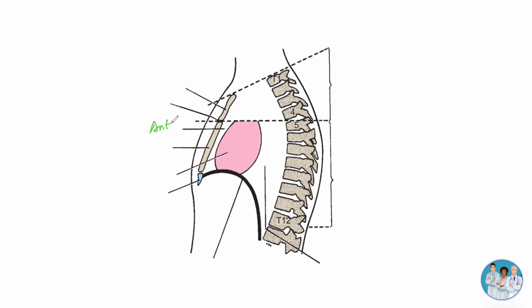Posteriorly, this is the posterior mediastinum, and it is bounded by the thoracic vertebrae.